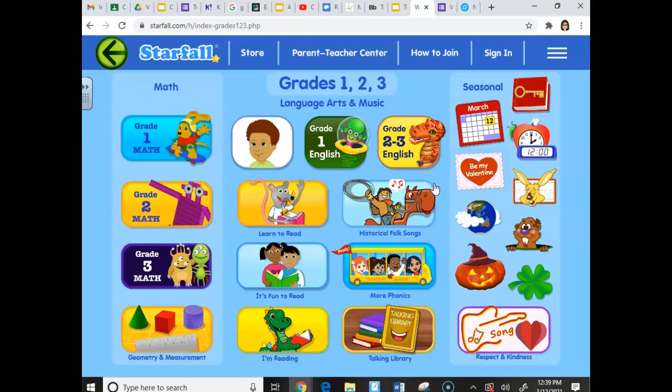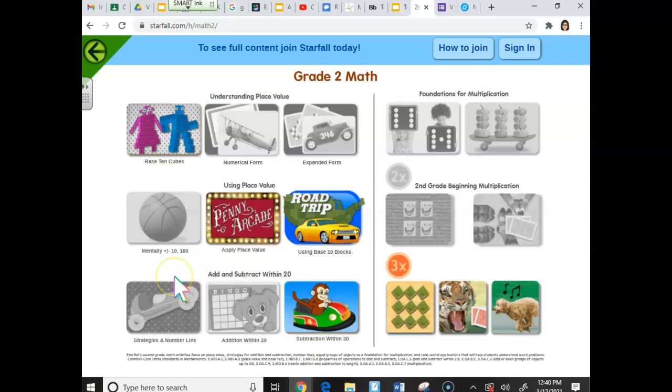All right, now, if we wanted to learn math skills for our grade level, which icon would we choose? On the left side, grade 2 math. When we click on it, it's going to open up a new application, a new window. And there it is.